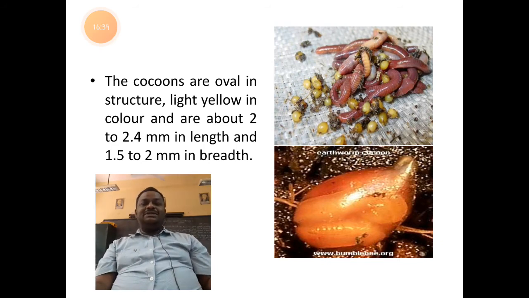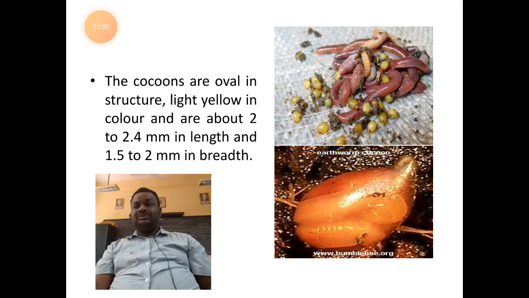Generally, looking at a cocoon's shape, color and size, cocoons are oval in shape, light yellowish in color, and about 1.5 to 2 mm broad and 2.4 mm long.